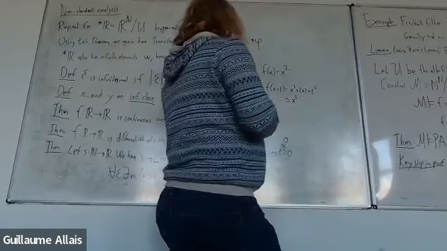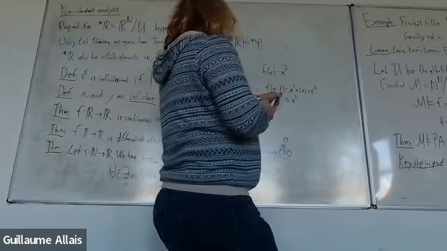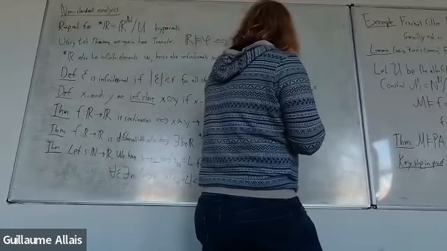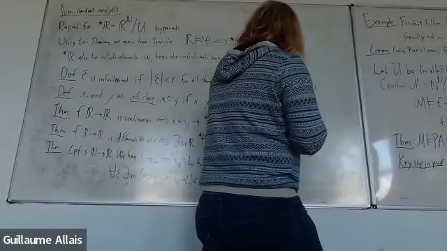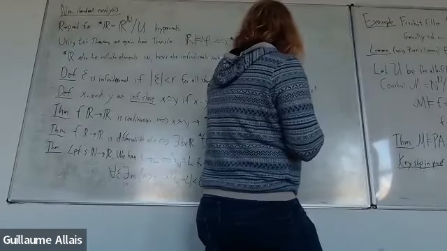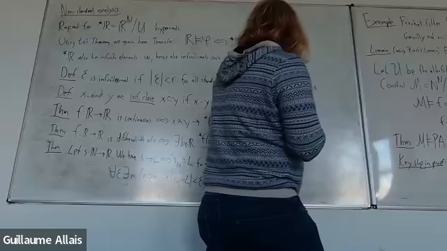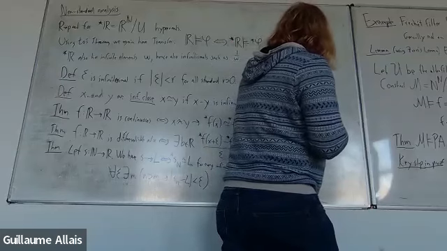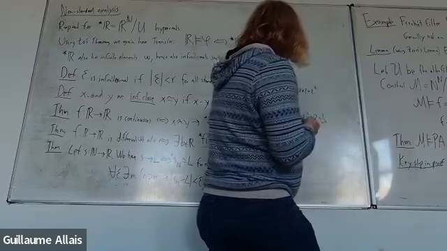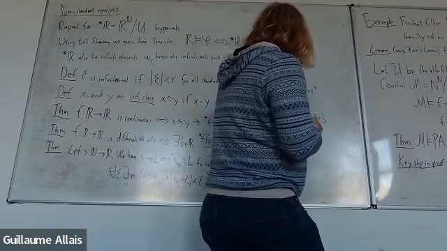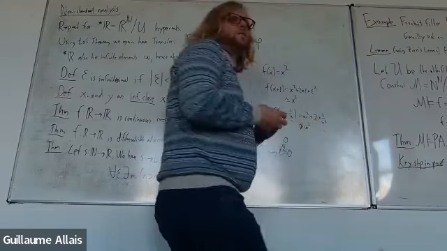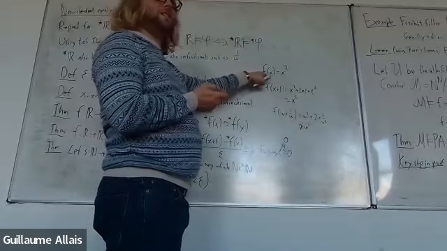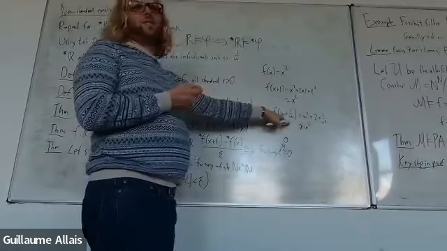But if both x and epsilon are non-standard, it is something like two, which is not infinitely close to 100 squared. So this function is continuous for standard x, but it's not necessarily continuous for non-standard.